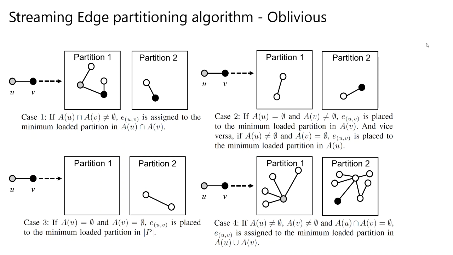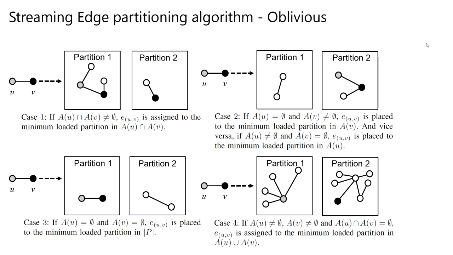If there is more than one candidate partition, we choose the partition with the least load from the assigned vertex. In case 3, if neither vertex has been assigned, from a load balance view, we assign the edge to the least loaded partition.